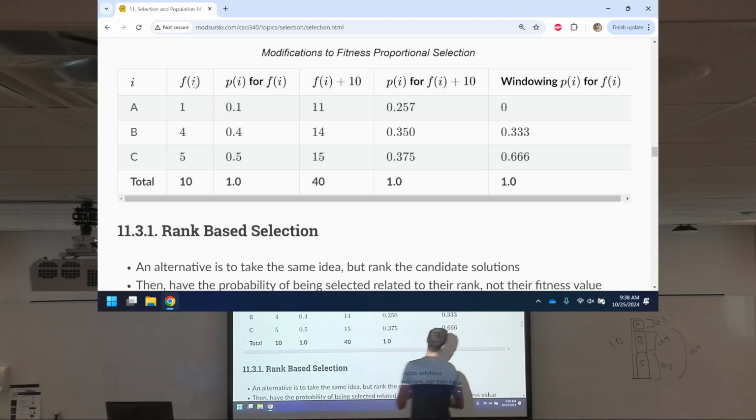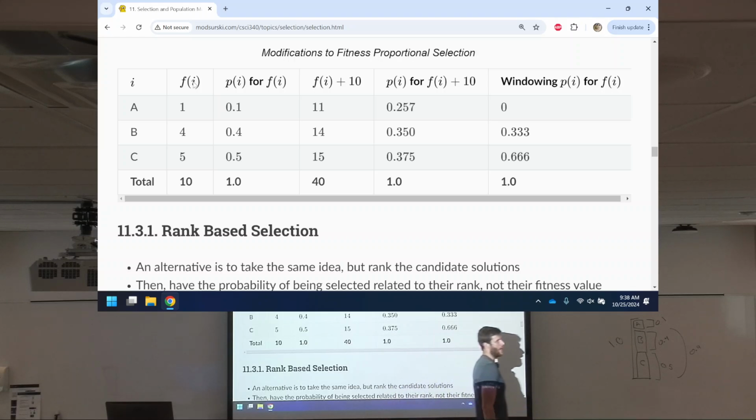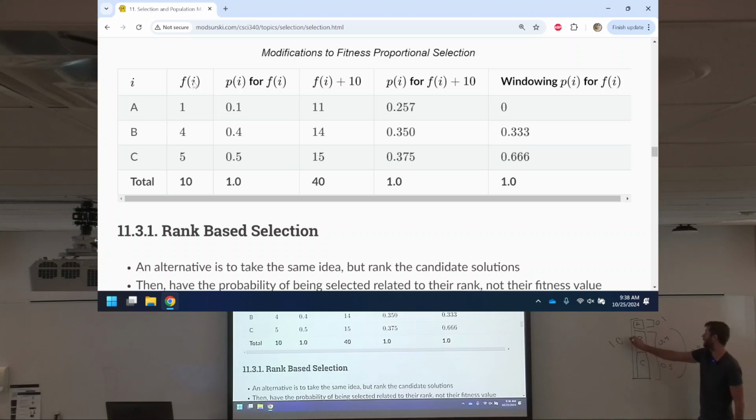So if I'm rolling a number, pick a number between 0 and 1. Literally any number. 0.72. Well, that's less than this point, so we're here. So where do we go? We pick B. Pick another number. 0.3.